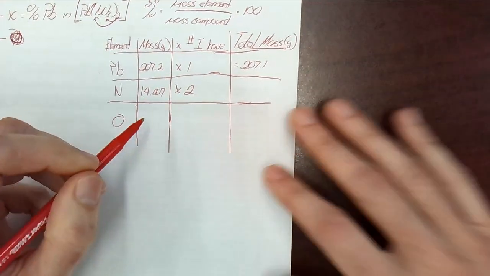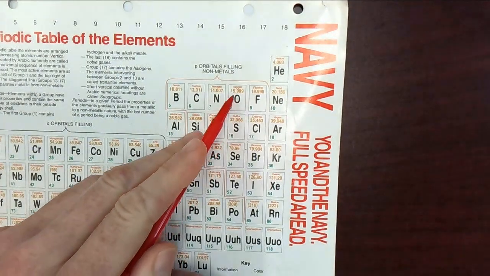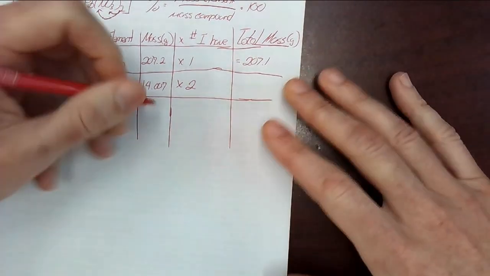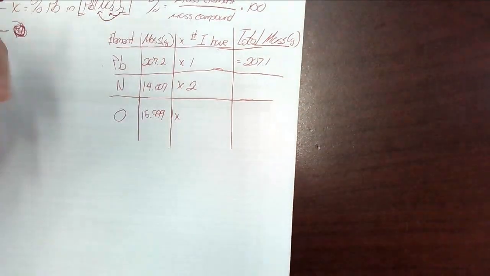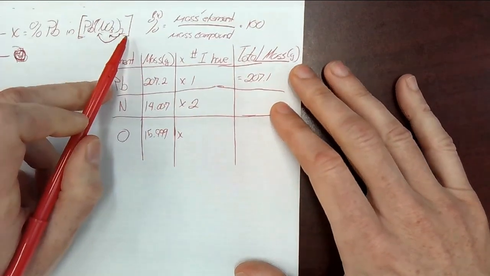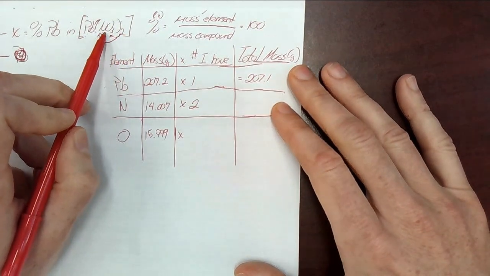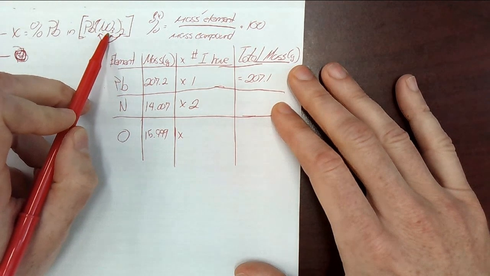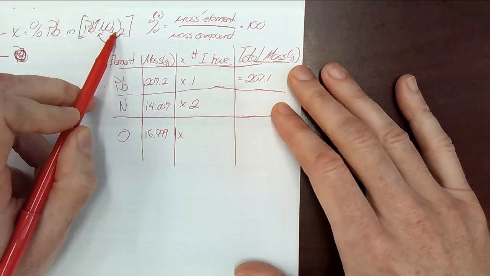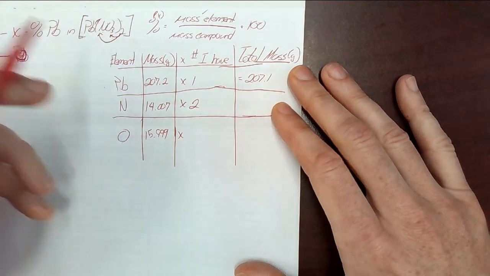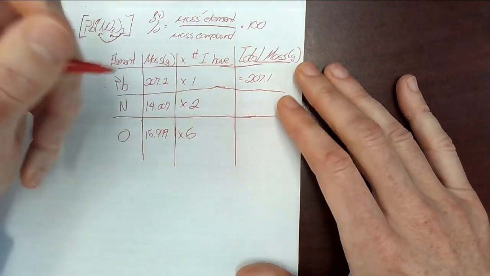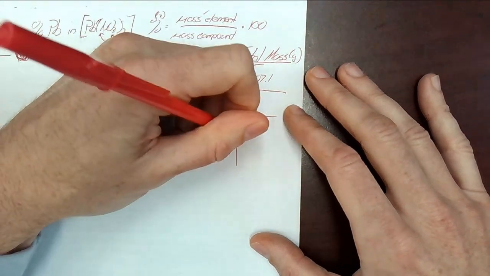And then oxygen, we have 15.999. How many oxygens do I have here? So again, I look at the substance. Each nitrate molecule, each NO3 molecule, has 3 oxygens in it. But I have 2 of the whole thing, so 2 times 3 is 6. So I have to multiply these out.